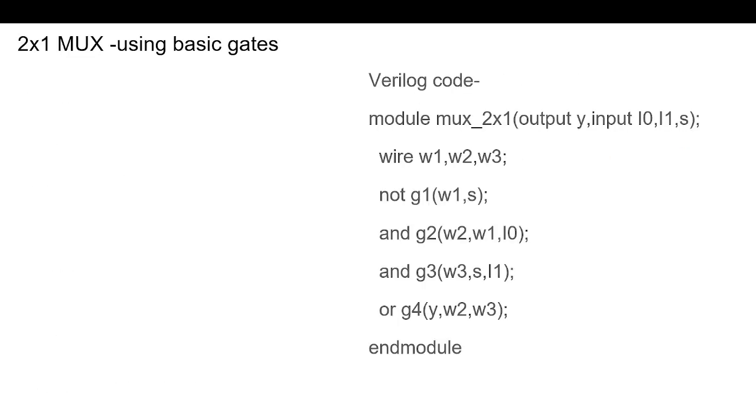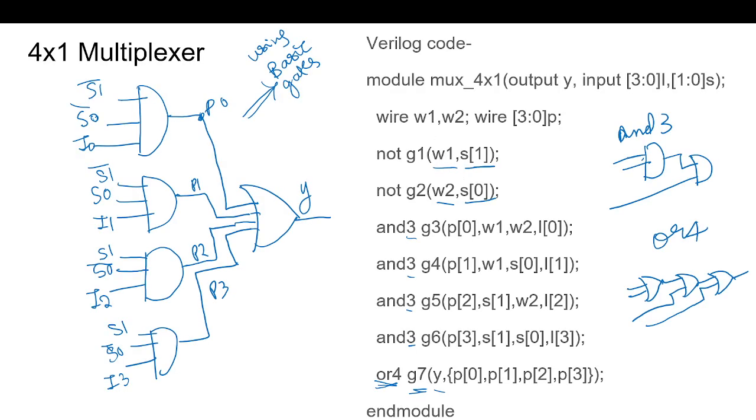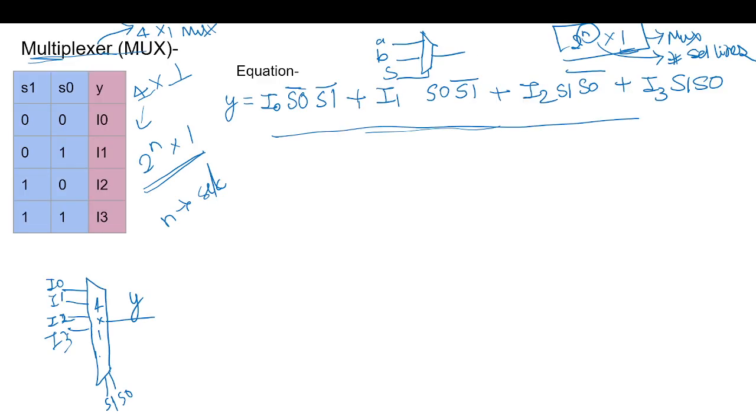So next is, Ma'am, yes, for 16 into 1, how can we write that code, madam? Is it with logic gates or is there any simple way? We can directly code in behavioral coding, where we can directly define this truth table itself in the code, or else you can use if else statements.